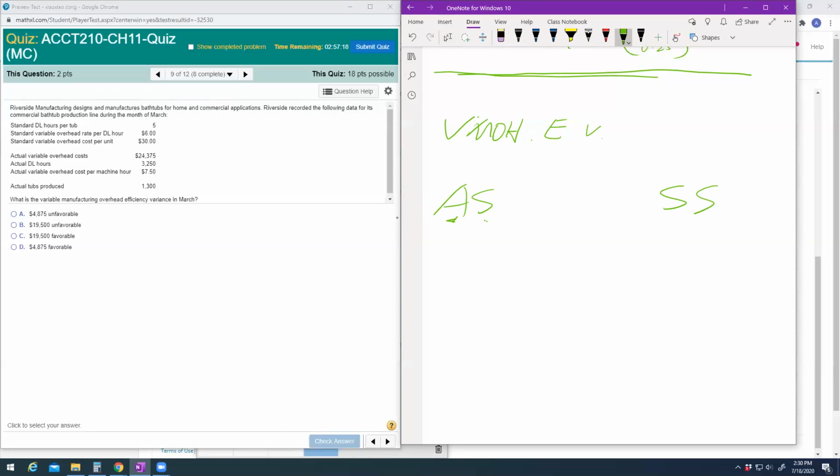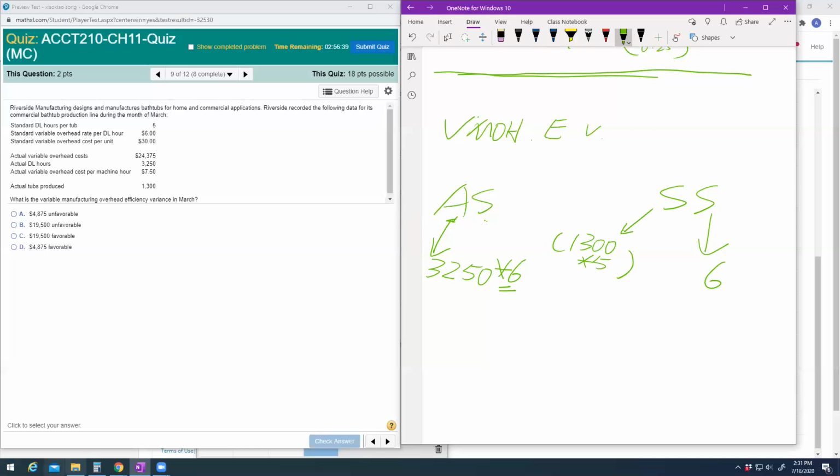The actual hours are 3,250. Standard cost is $6. Our standard quantity is, we produced 1,300 units, and each one needs 5 direct labor hours.